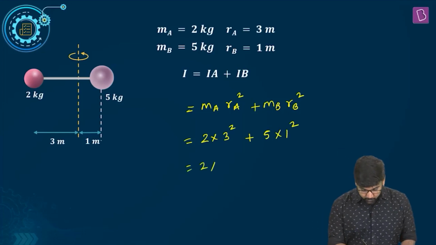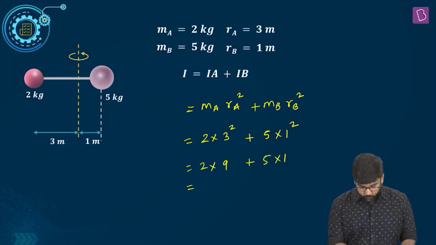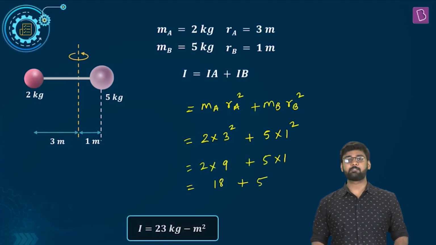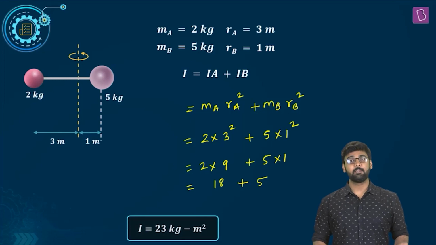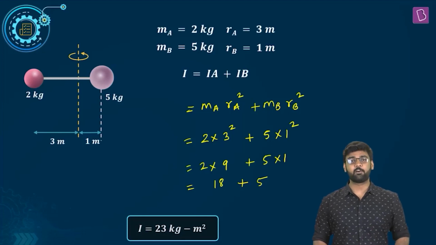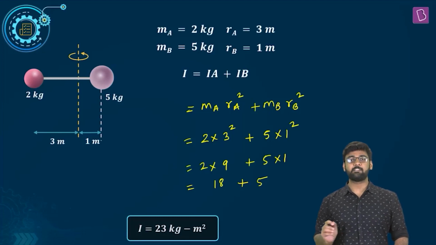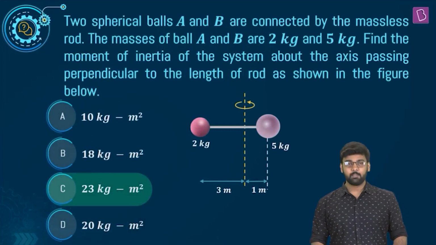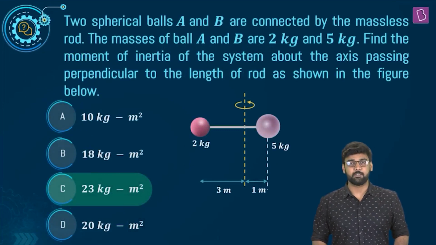So this becomes 2 into 9 plus 5 into 1, which is 18 plus 5. And when you add these two, the answer comes out to be 23 kg meter square. Don't forget the units of moment of inertia, which is kg meter square. So let's see the correct option here. The correct option is option C.